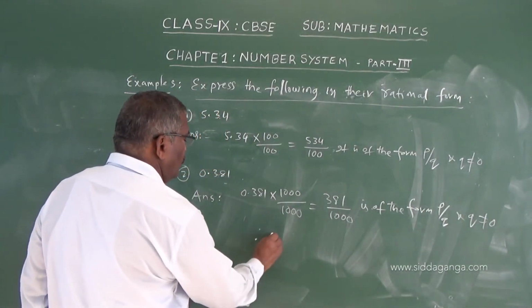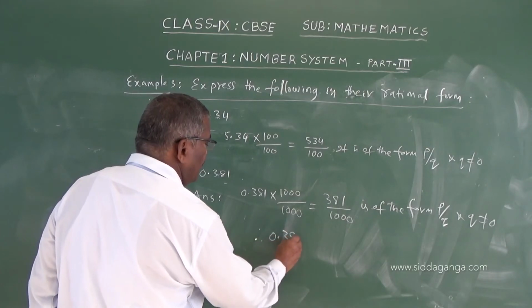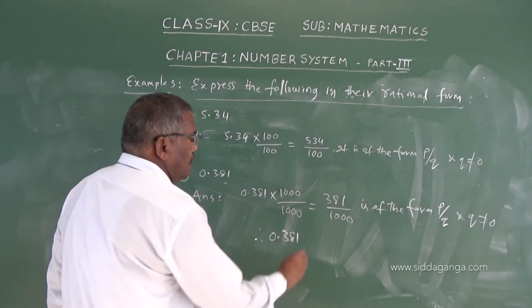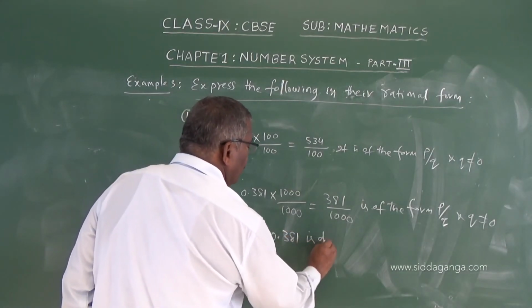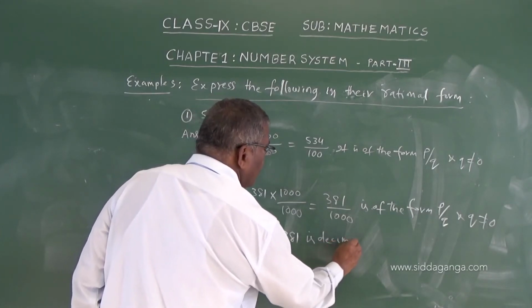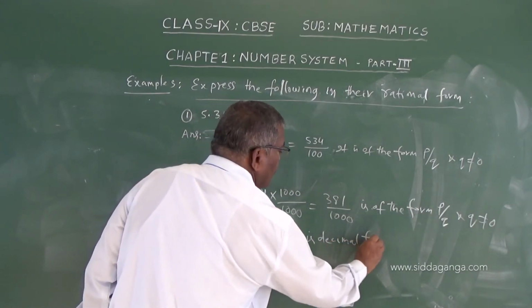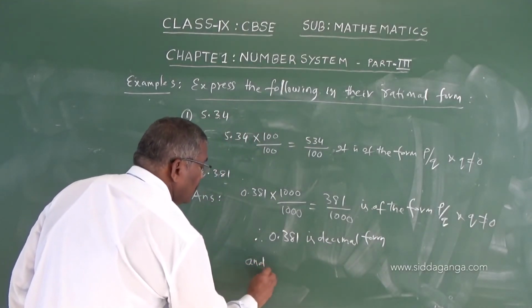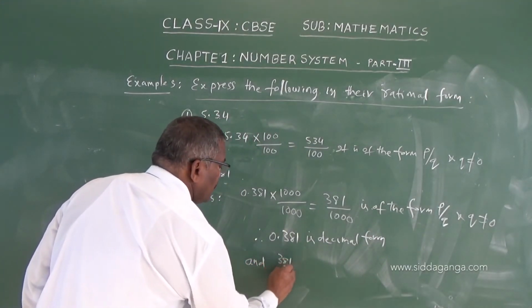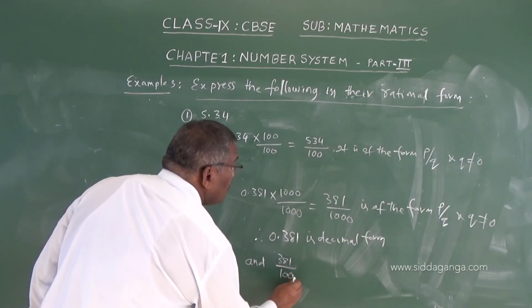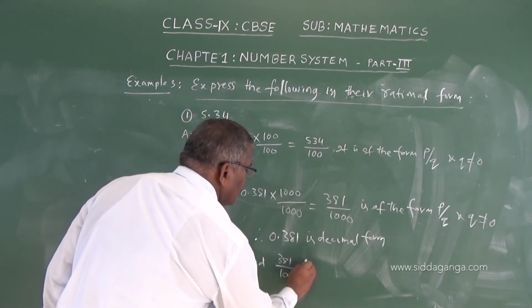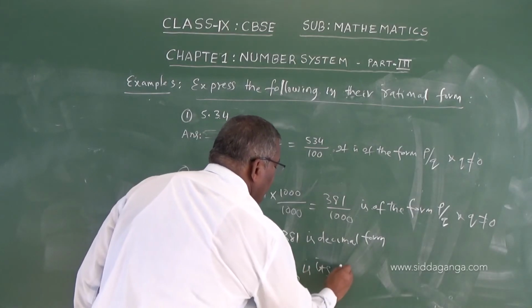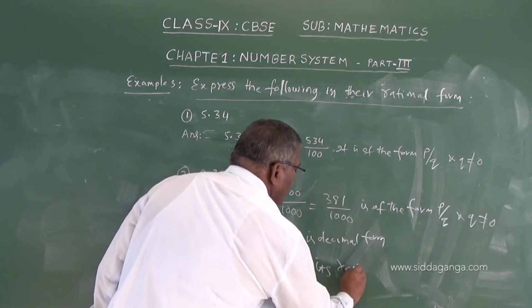Therefore, 0.381 is the decimal form and 381 divided by 1000 is its rational form.